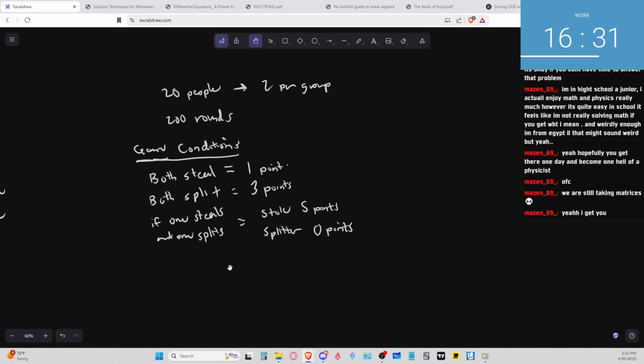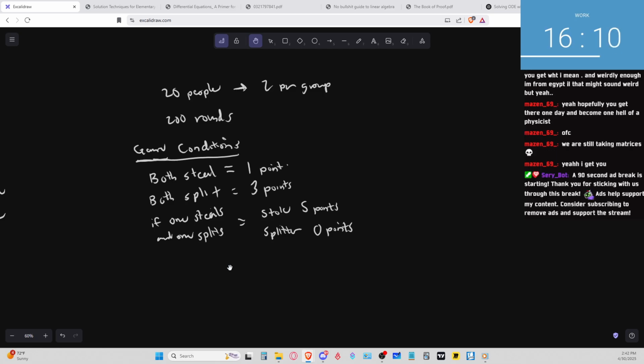Let's see, both steal get 1 point, both split give 3 points. So 1 steals and 1 splits, so the splitter gets 0 points and the stealer gets more. Actually, this is a very interesting one.